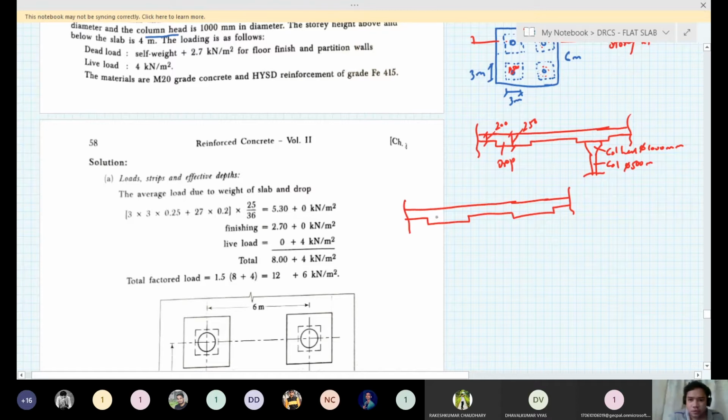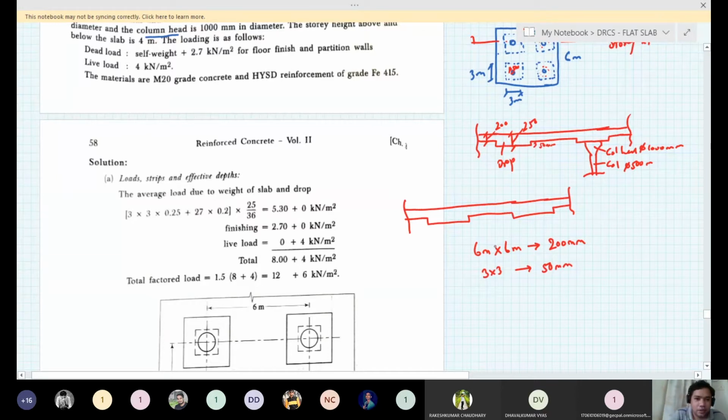So the total is 6 meter by 6 meter, that is at 200 mm thickness, and this 3 by 3 portion has an additional 50 mm because it is 250. So you have additional 50 mm here.